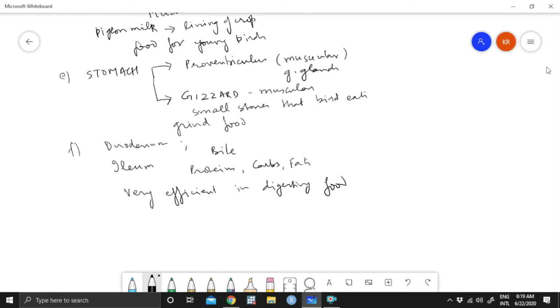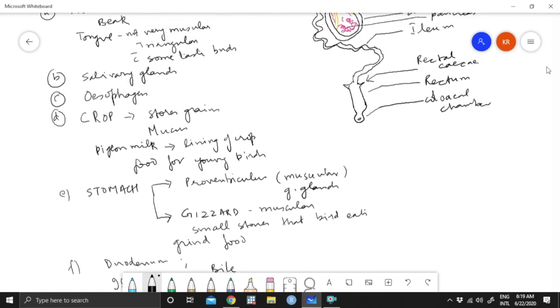And once this food is all digested, it goes to the rectum. See, this part is the rectum. There are some ciliates over here, as usual in many organisms, which live symbiotically. And here are the rectal cecae.